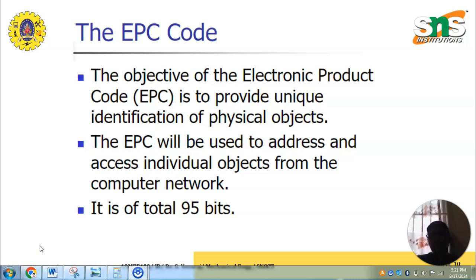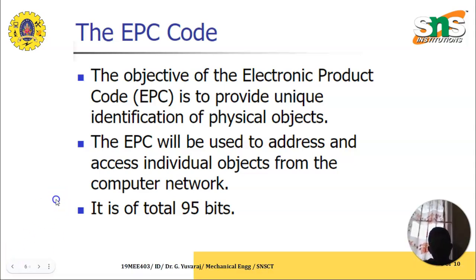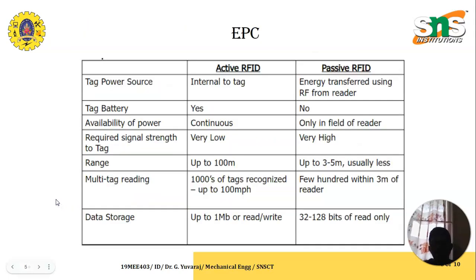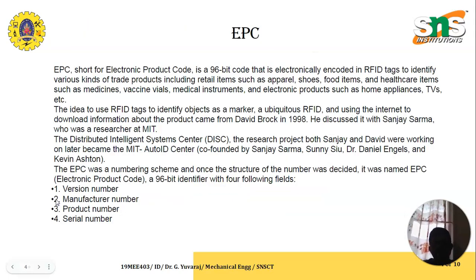This EPC code is nothing but an electronic product code. It is formulated with the help of four different kinds of bits. The first is the version number, the second is the manufacturer number, the third is the product number, and following that there is a serial number.